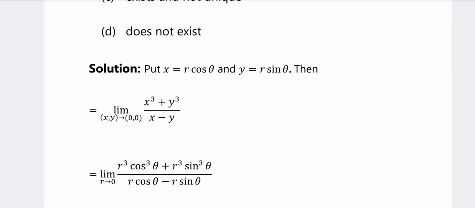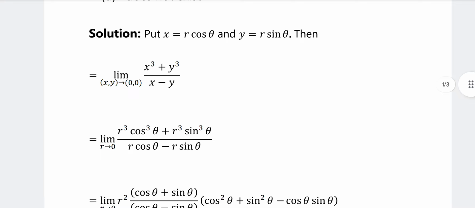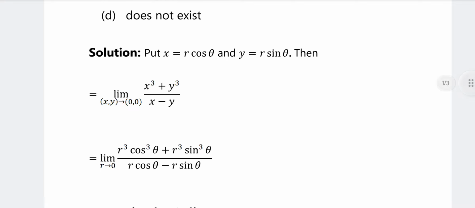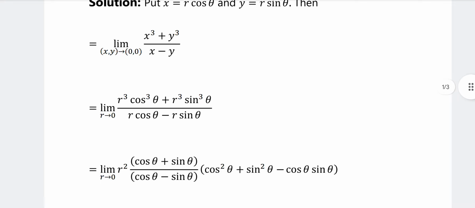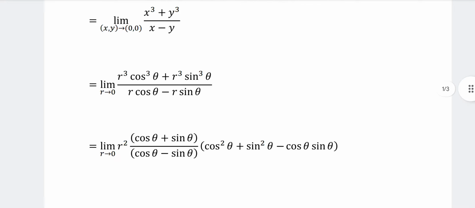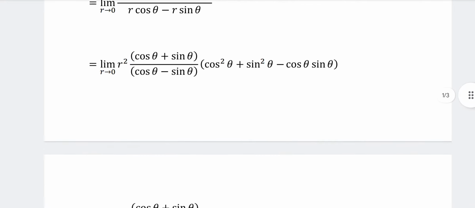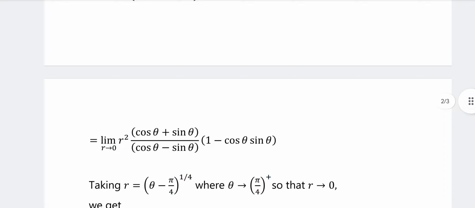So r will cancel out, and this will convert into r square (cos theta plus sin theta) upon (cos theta minus sin theta) into (cos square theta plus sin square theta minus cos theta sin theta). We all know that cos square theta plus sin square theta is 1. So it converts to the limit of r square (cos theta plus sin theta) upon (cos theta minus sin theta) into (1 minus cos theta sin theta).